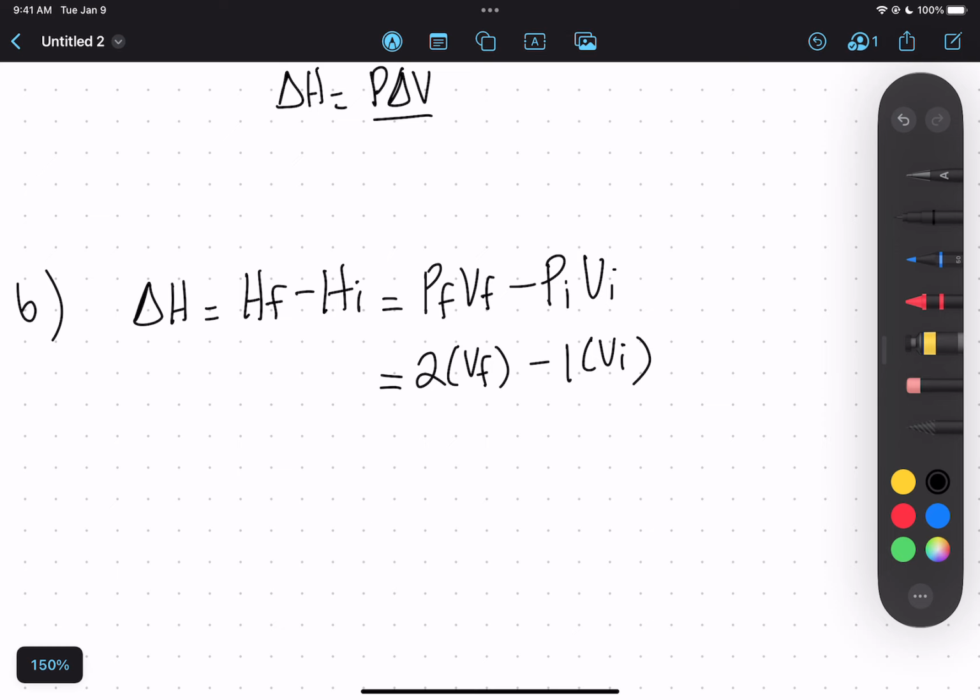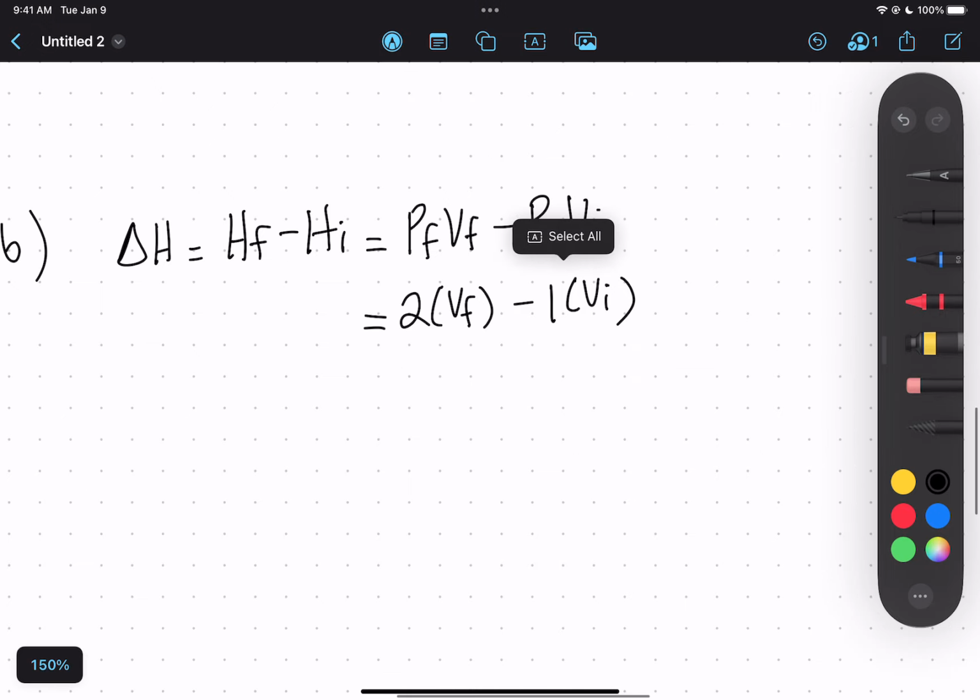And they already said that the gas is expanding. Well, once again by the ideal gas law, whatever change you see in pressure, you see an opposite change in volume. So if we halved the pressure, we should see a doubling in the volume, right? So let's say the initial volume, like they said, was 1 liter. 2 times 1 liter.